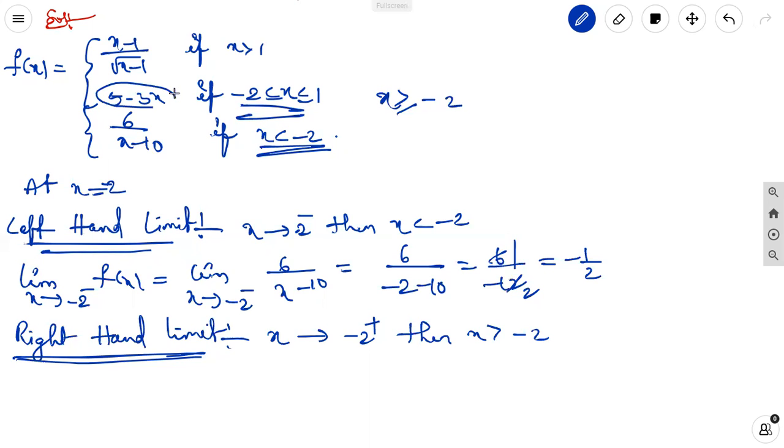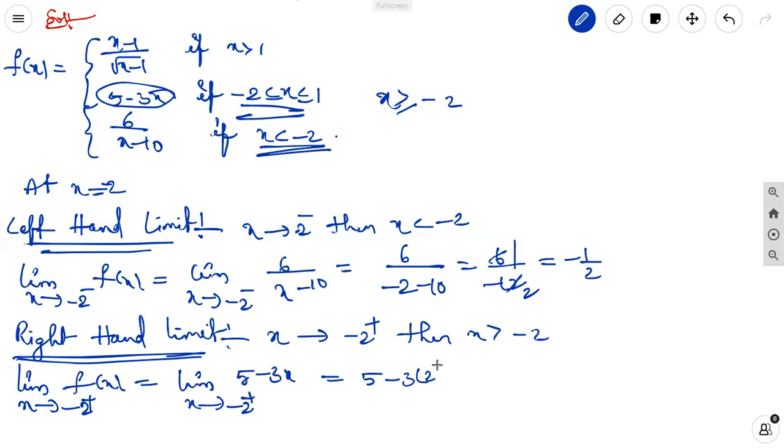So we can take the function f of x equal to 5 minus 3x. Now limit x tends to -2 plus f of x is nothing but 5 minus 3x. It is equal to 5 minus 3 into -2, which is equal to minus 1.